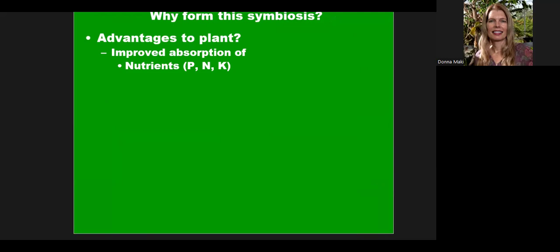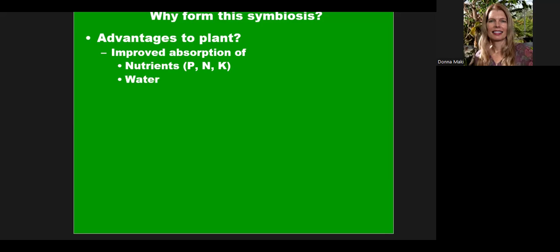Phosphorus uptake is tremendously improved in the presence of the mycorrhizal fungi. Phosphorus is one of the toughest minerals for plants to get access to. It's just really hard. And the mycorrhizal fungi is like, no problem, I can do that for you. And so their increase in access to phosphorus is huge. And then nitrogen and potassium. Also, you can see big increases if you do side-by-side comparisons of with the fungus and without.